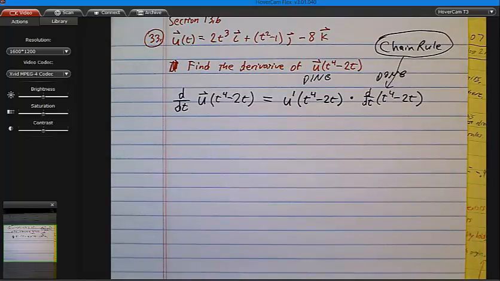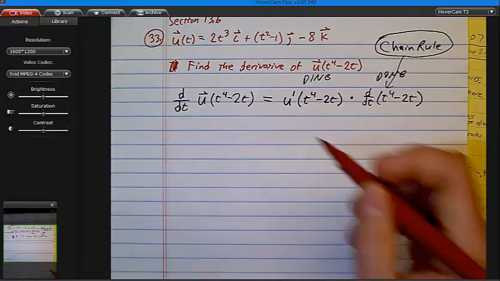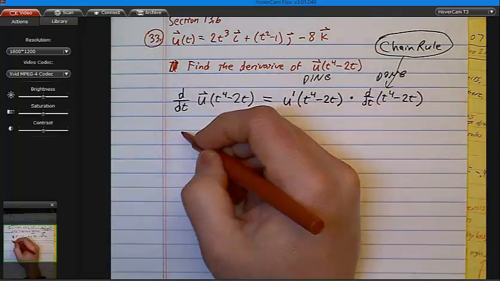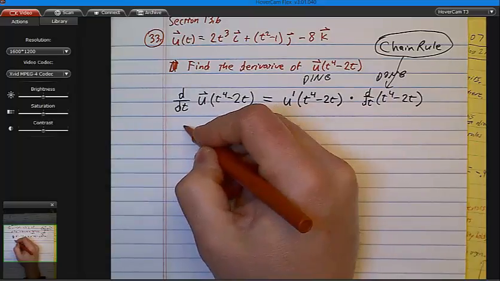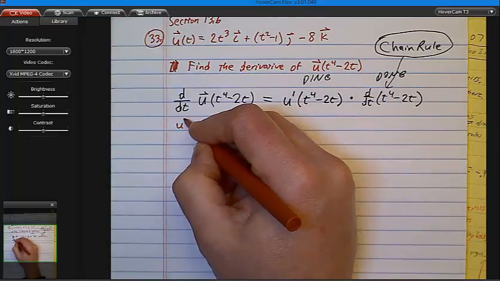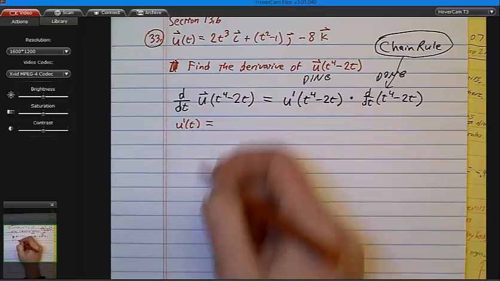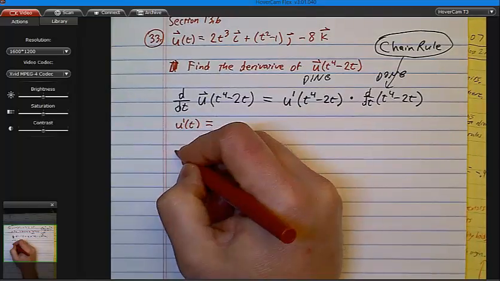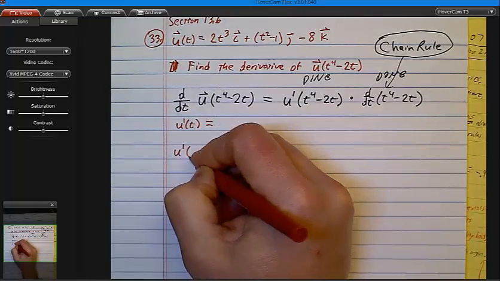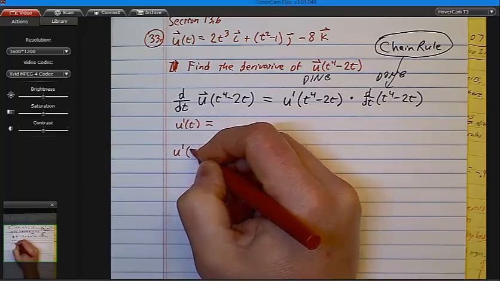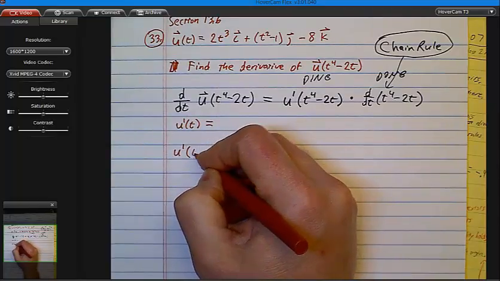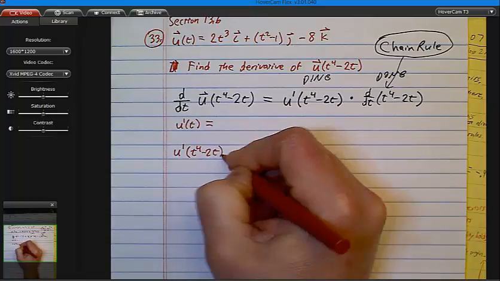And so, I guess what I'm going to do is a couple of computations. My steps are going to be: I'm going to compute u prime of t. Then I'm going to tell you what u prime of t to the fourth minus 2t is.